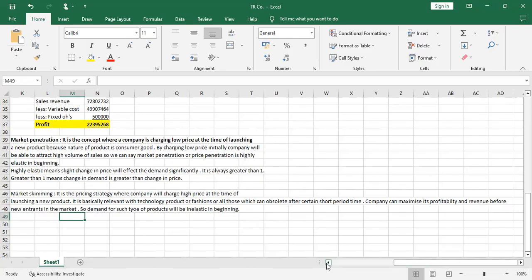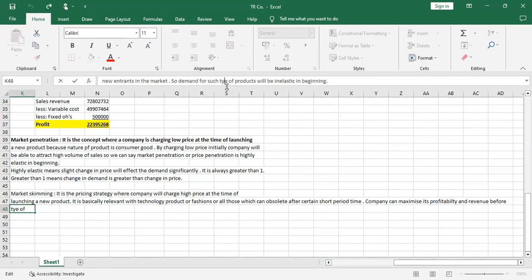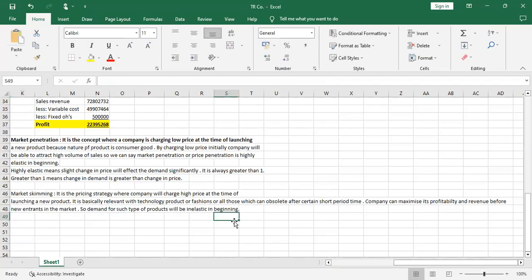You know that people are ready to purchase new fashion or new technology at the time of launching. So they are ready to pay higher price. At this point of time, you will not face any kind of competition, or you will not face any kind of price war or price competition. So that is why it is called what? It is called inelastic, right? Any question?